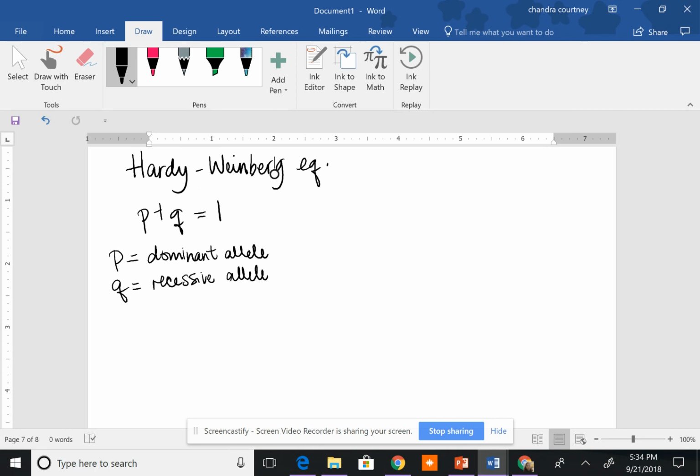So let's take a little math break and see if we can make some of this make more sense. We know that P plus Q equals 1. We square both sides.